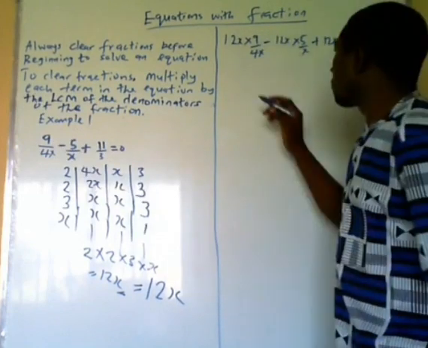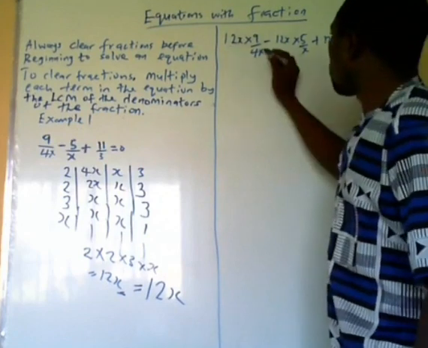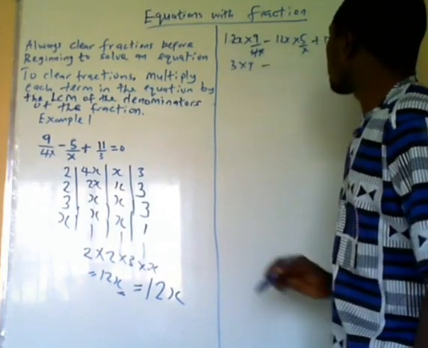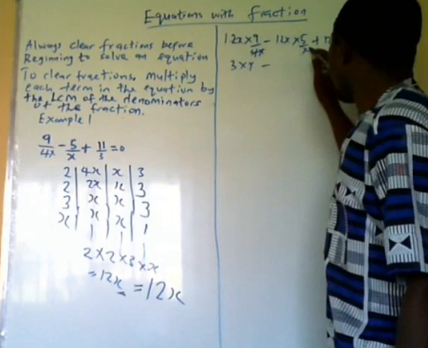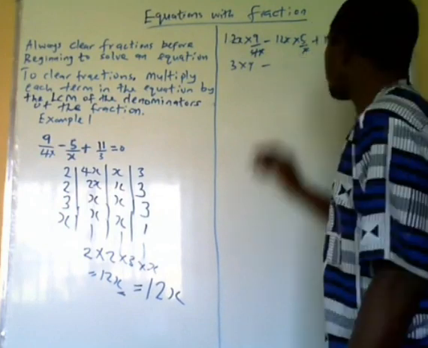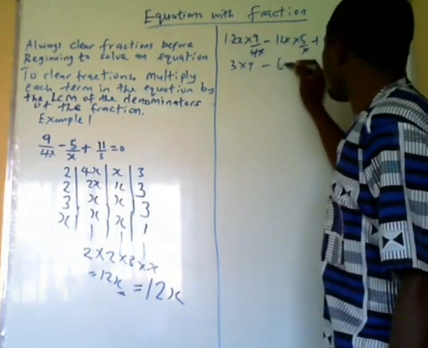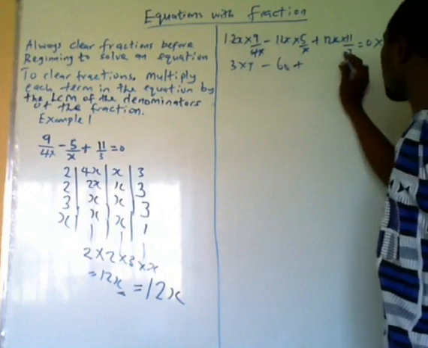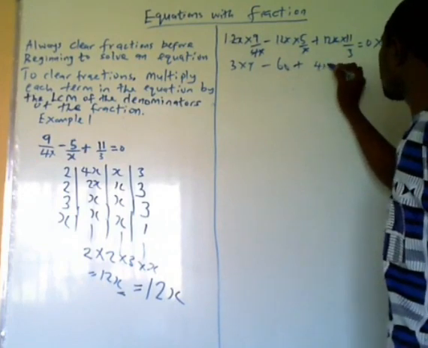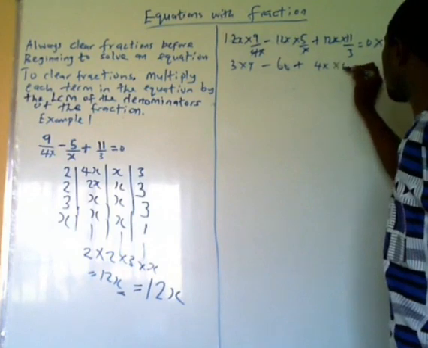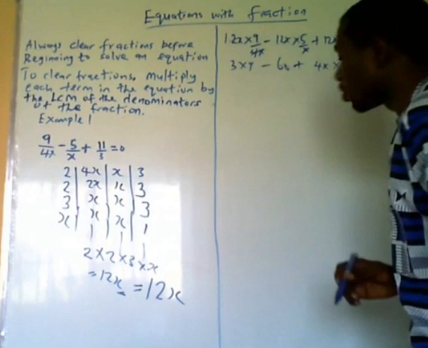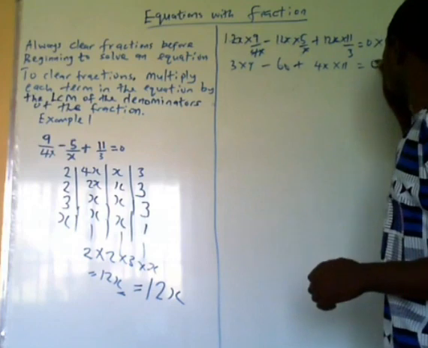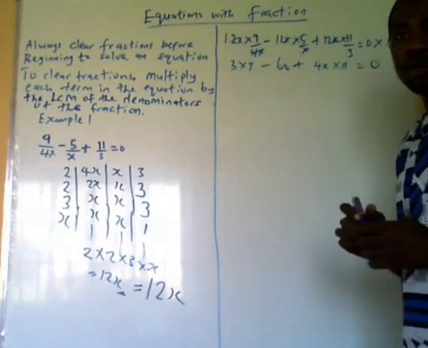So let's continue. 4x into 12x, we have 3 times 9. x into 12x, x will cancel x, then 12 times 5 is 60. Now 12 divided by 3, you have 4x times 11. And when you multiply 12x with 0, definitely our answer will become 0.